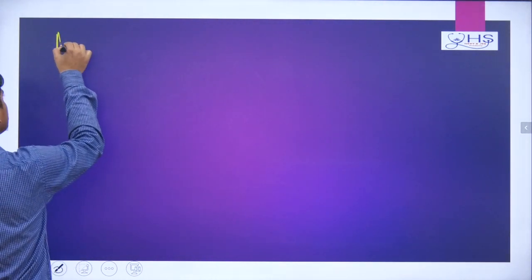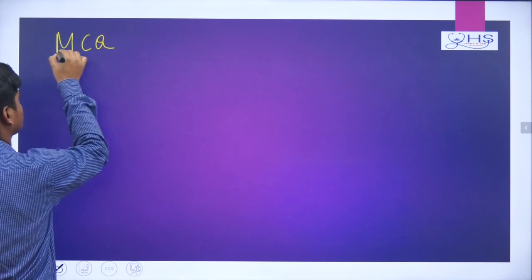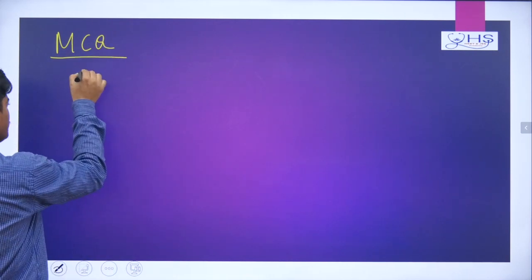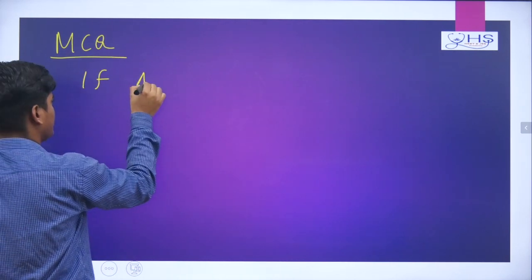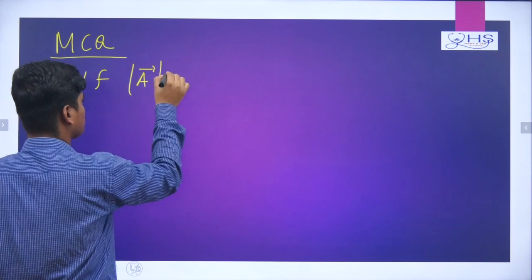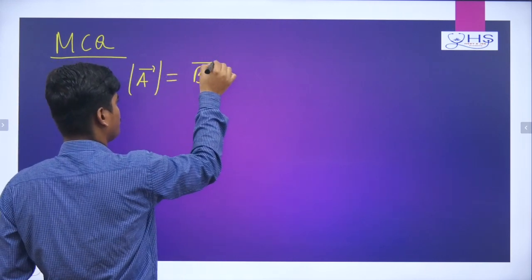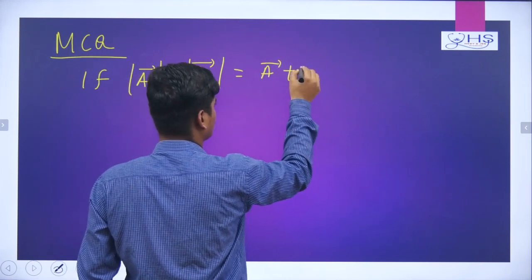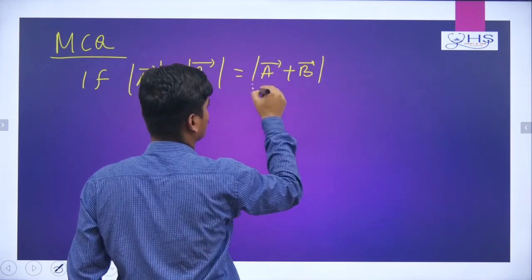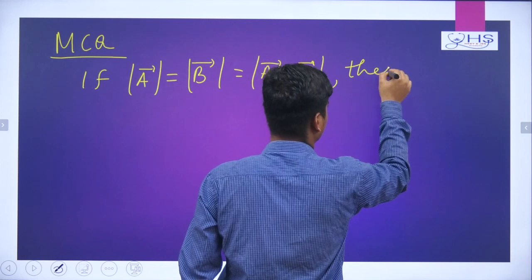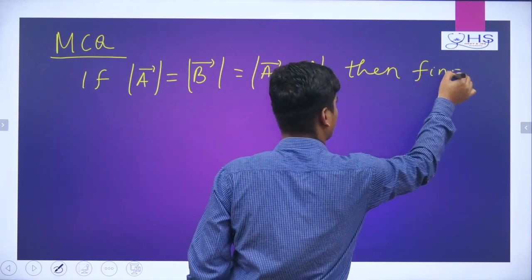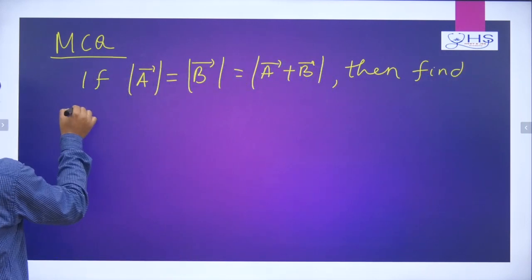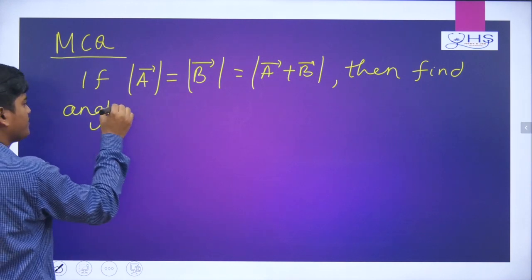Okay, now write here MCQ. Suppose it is given that the magnitude of A vector is equal to the magnitude of B vector, which is equal to the magnitude of A vector plus B vector. Then find the angle between A vector and B vector.